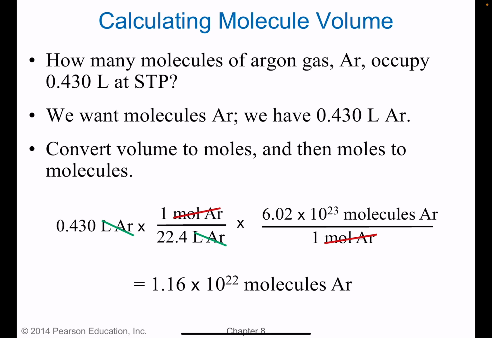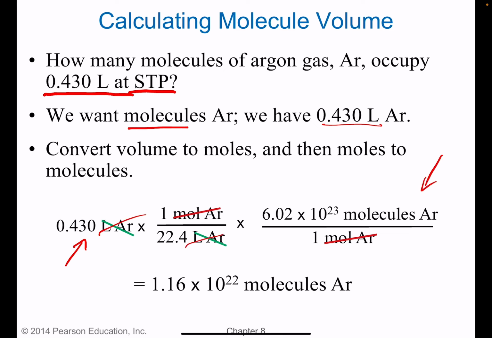So another one: how many molecules of argon gas are in a sample that occupies 0.430 liters at standard temperature and pressure? So we want molecules, and we're starting off with liters. So we start off with what was given, the 0.430 liters. To convert liters into moles, they put the 22.4 on the bottom so that liters cancels.